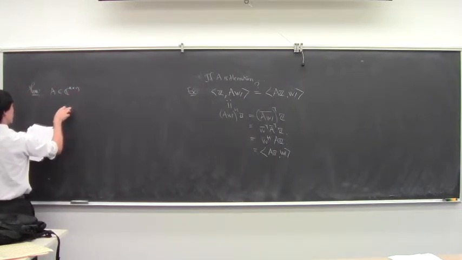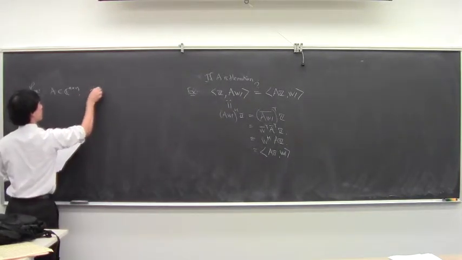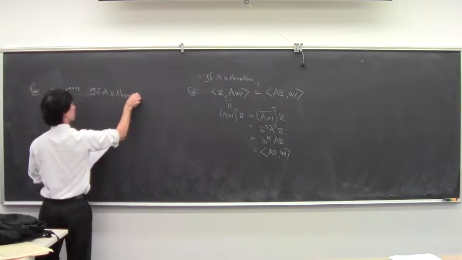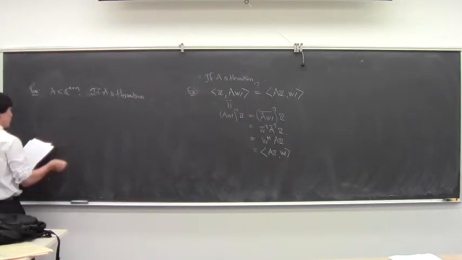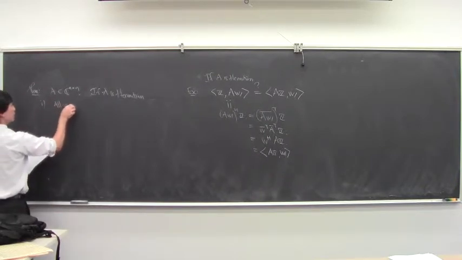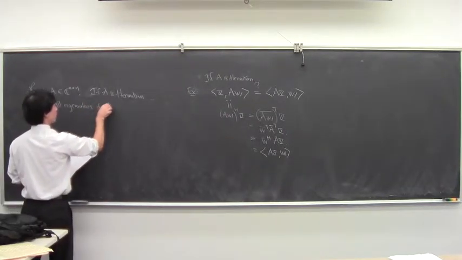A complex square matrix. Let's say A is Hermitian. If A is Hermitian, then all eigenvalues of A are real.